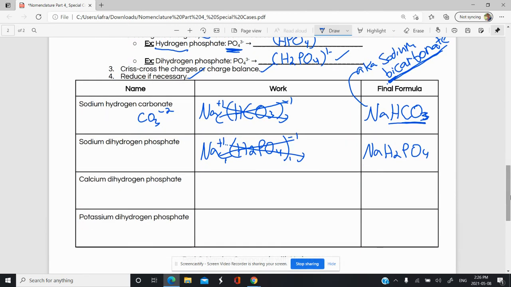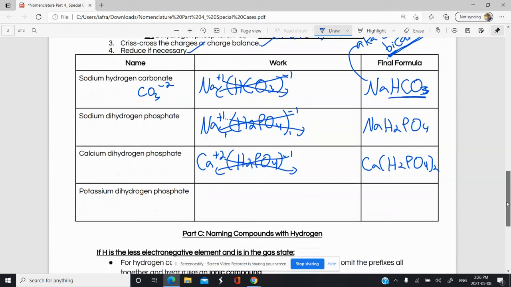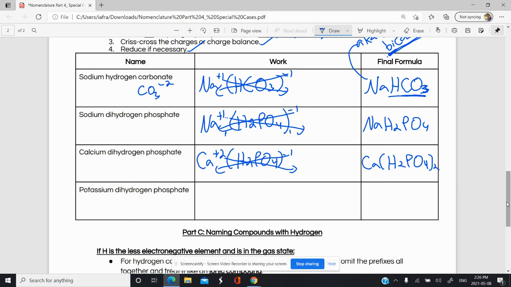Okay, let's try this one here. Calcium dihydrogen phosphate. So calcium is plus 2. Dihydrogen phosphate is H2PO4 with a minus 1 there. We can crisscross it, and we get Ca(H2PO4) with a 2 there. And that's calcium dihydrogen phosphate. And then now we'll try potassium dihydrogen phosphate.